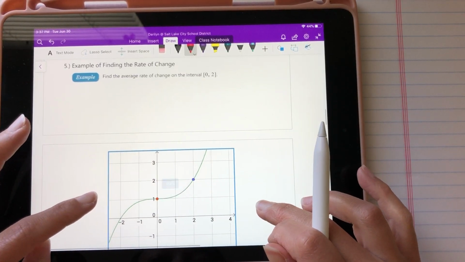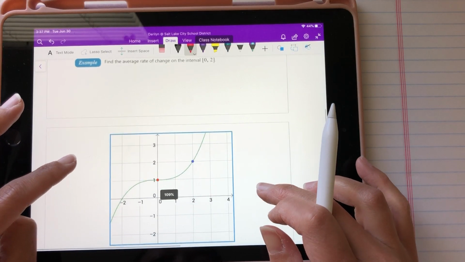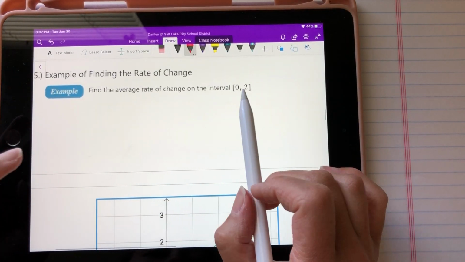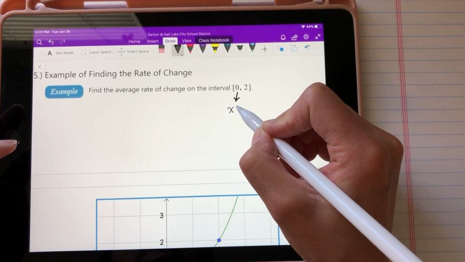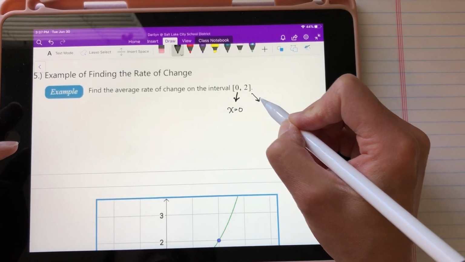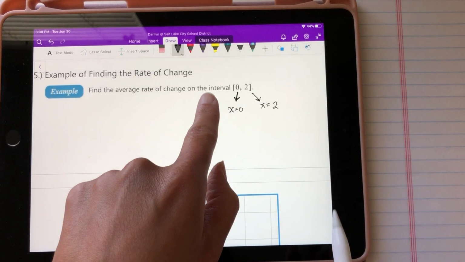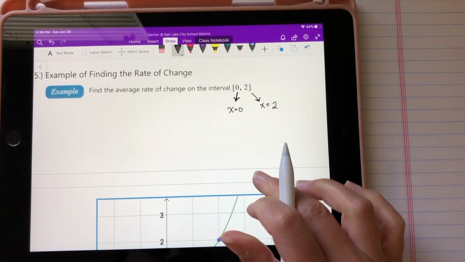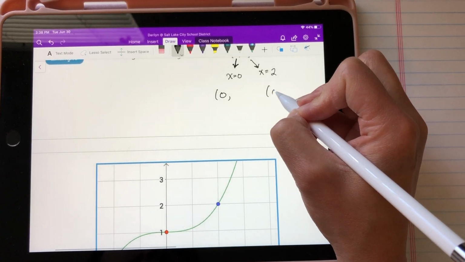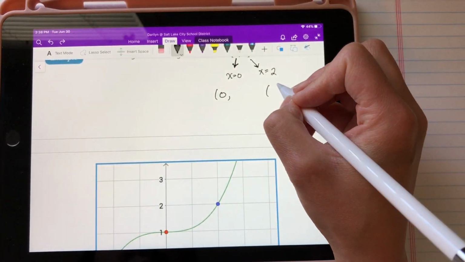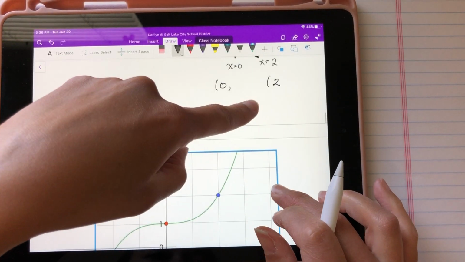So this one right here, find the average rate of change on the interval 0, 2. All that this means is this is the x value 0 and this is the x value 2. So what you need to do first is find the coordinate point when x equals 0 and when x equals 2.